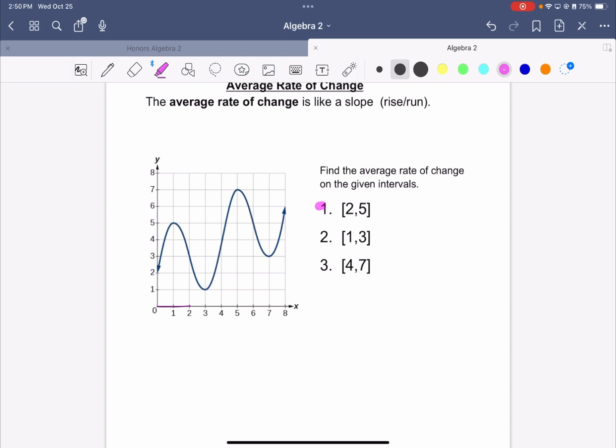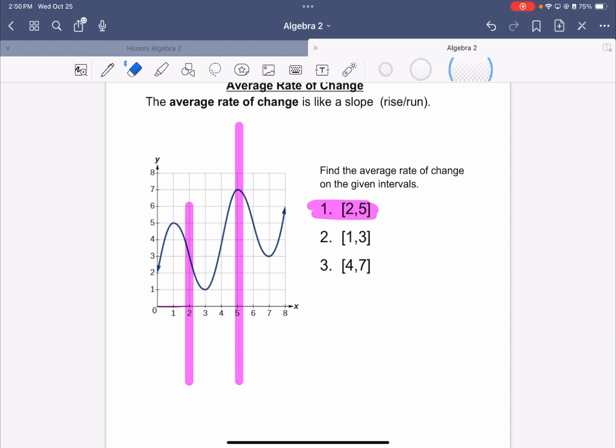If we're going to find the average rate of change over the interval [2, 5], that means I'm going to find the average rate of change from there to here, and figure out what that slope is, the average rate between those two values. So in order to do this, we need to have points.